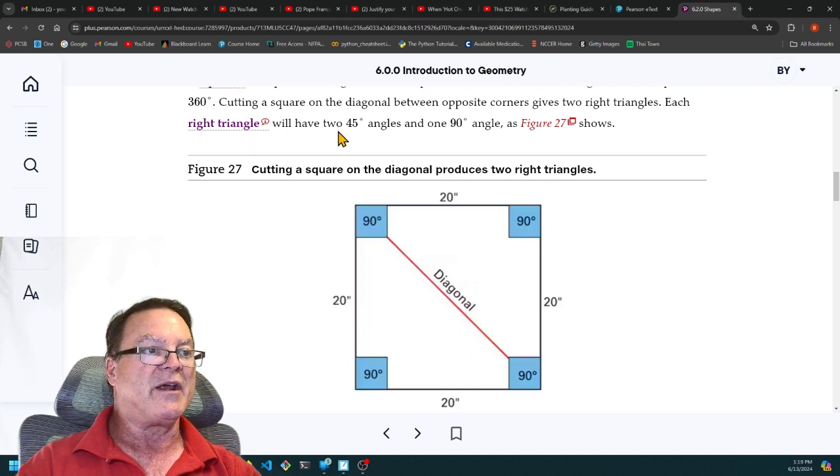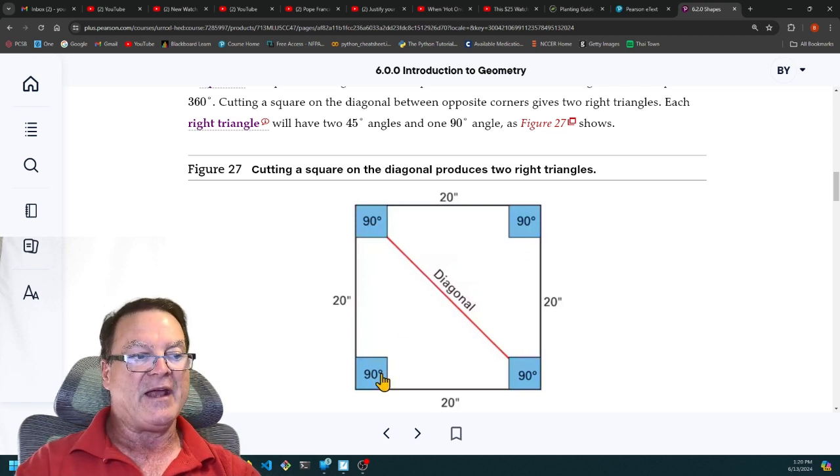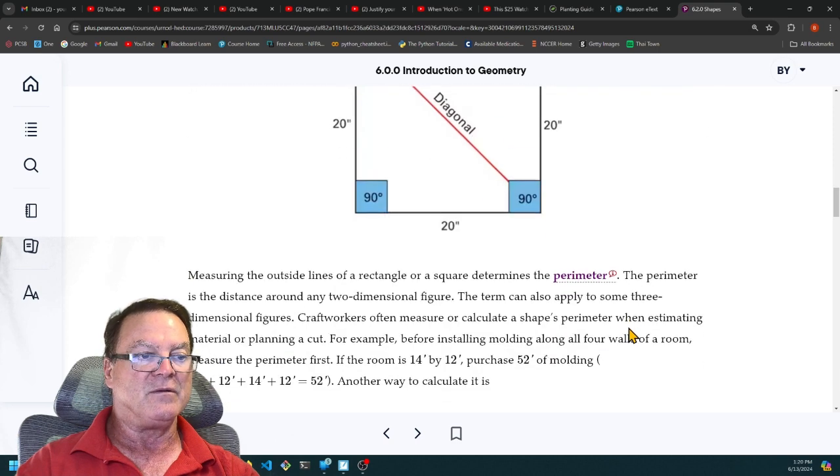Each right triangle will have two 45-degree angles and one 90-degree angle. So when you put a diagonal across two of the corners of a square, you're going to form a triangle, and that triangle is going to have two 45-degree angles and one 90-degree angle. And the triangle opposite to it is identical. It'll also have two 45-degree angles and one 90-degree angle.